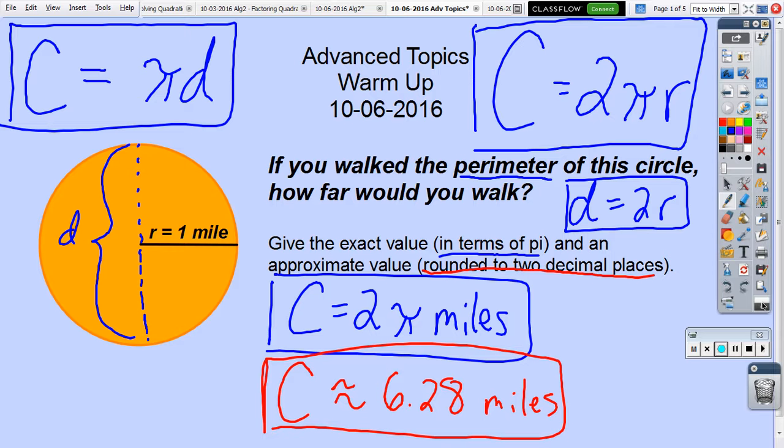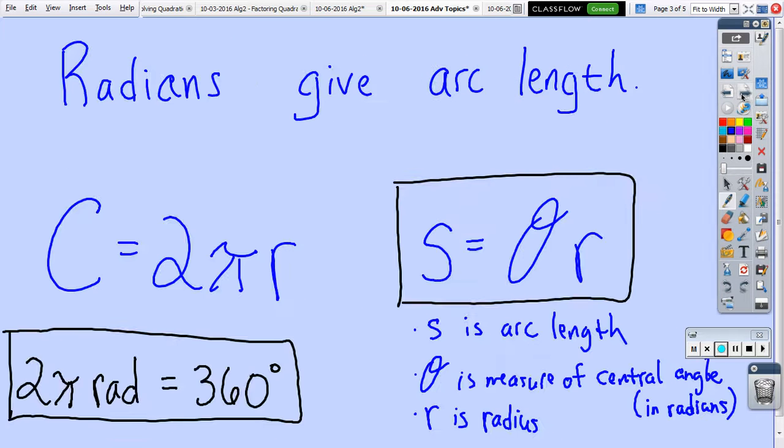Whatever angle that makes from the endpoint of that arc to the other endpoint of that arc, that is 1 radian. I'm not so much concerned about that knowledge of what a radian is versus the actual converting degrees to radians and understanding that radians can give you arc length, which we will look at on this slide here.